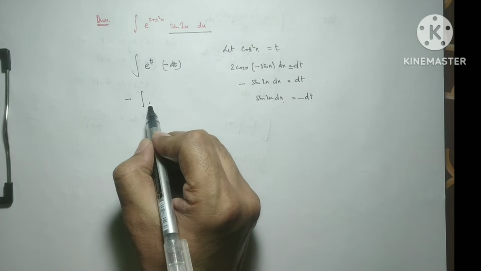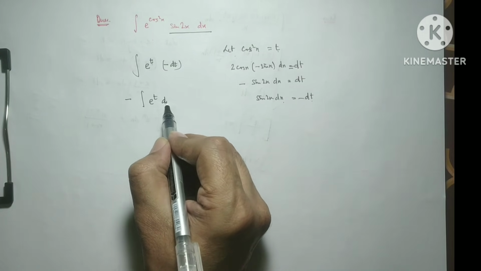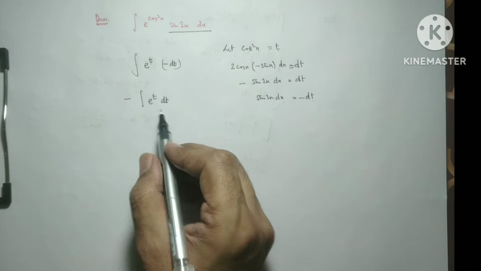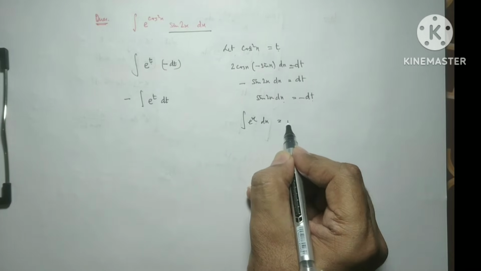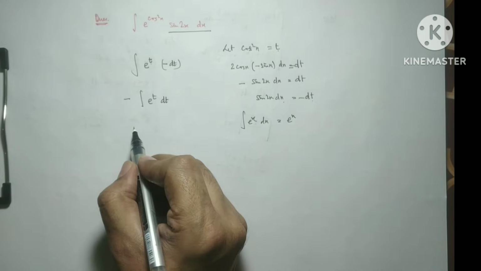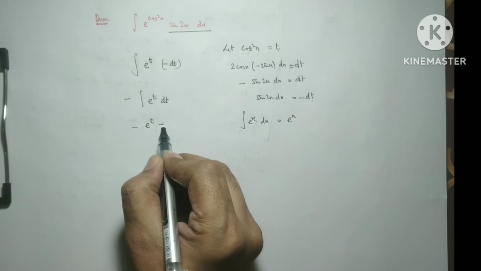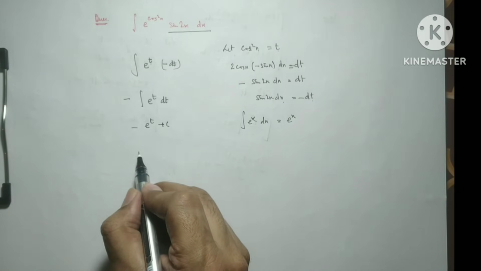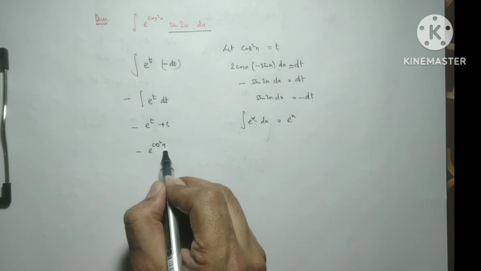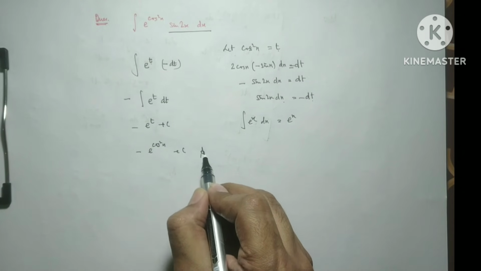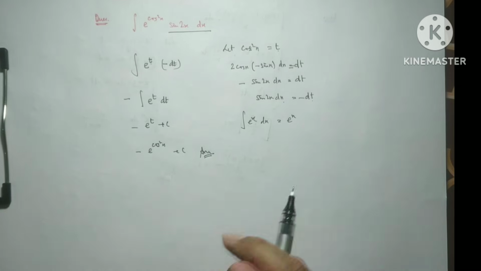So right now you have a standard formula, e raised to power x integration, we get e to the power x. So right now we get e raised to power t plus c. So it is minus e to the power cos square x plus c. This is your answer. Very easy.